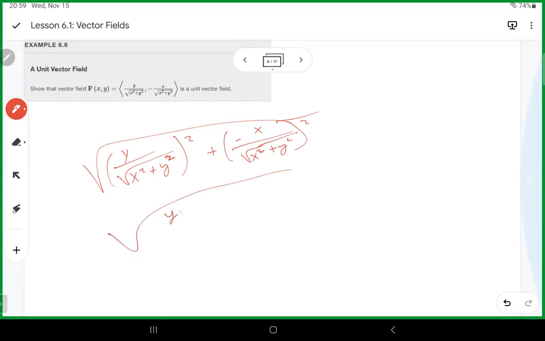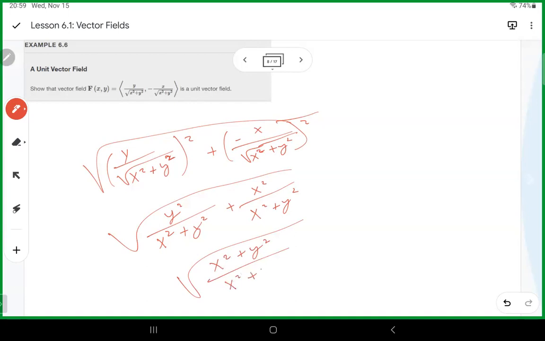So that'll be y squared over x squared plus y squared, plus x squared over x squared plus y squared, which is just going to end up being x squared plus y squared over x squared plus y squared, which is the square root of 1, which is 1.